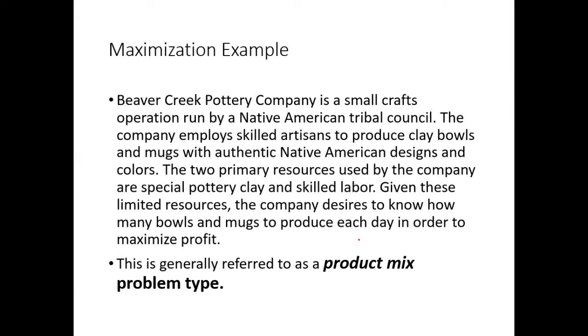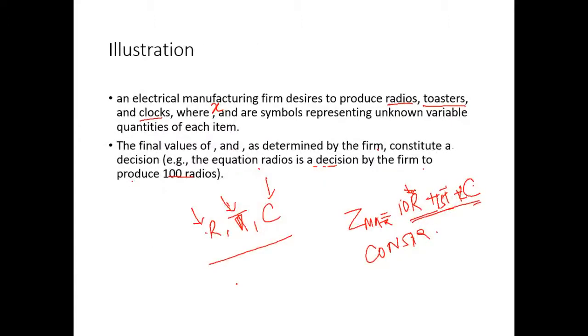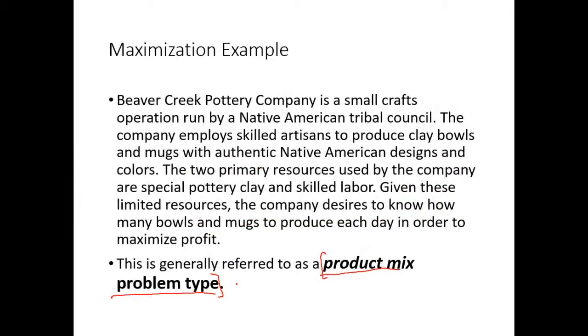The first example is of maximization, and the main theme of this problem is to maximize the profit. In this type of problem, as we just saw in the previous one, the company has to decide which item to produce more, radio or television or toasters or clocks, because all of them give different levels of profit.